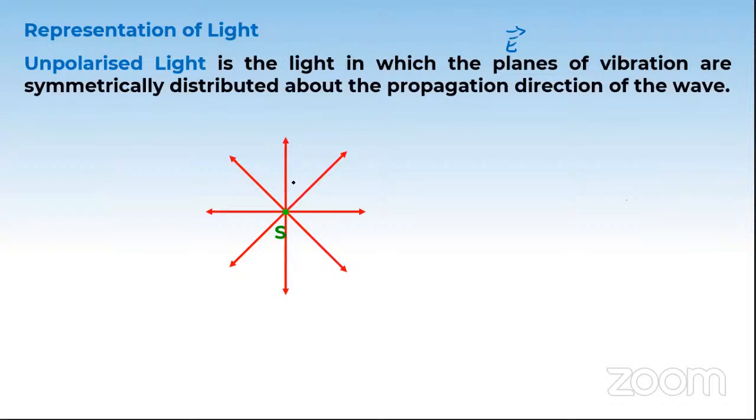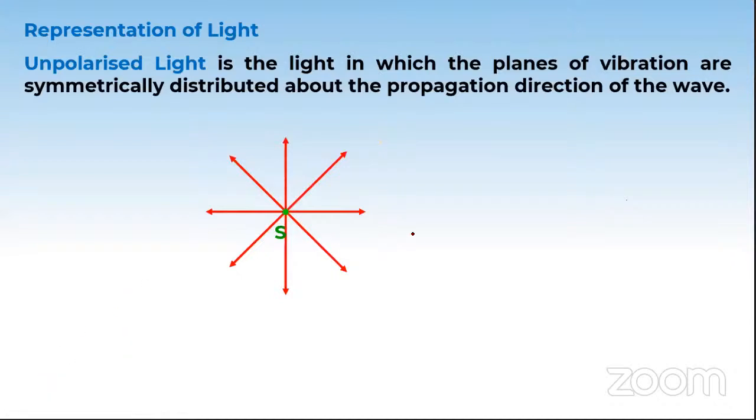And this is how we denote it. This is the oscillation of one color, blue light wave was oscillating there, here the red wave is oscillating in this direction, and the green wave is oscillating in this direction, and the yellow wave, one more different wave, is oscillating in this direction. So here electric field is oscillating in all directions. Where do we get this kind of light? This kind of light is emitted by the sun.